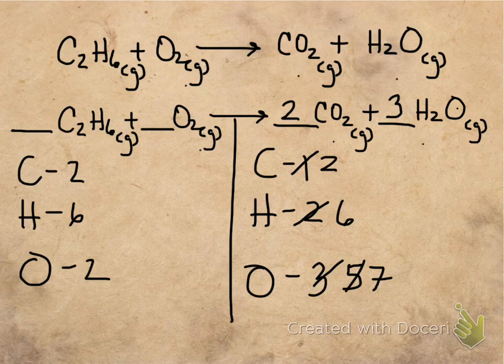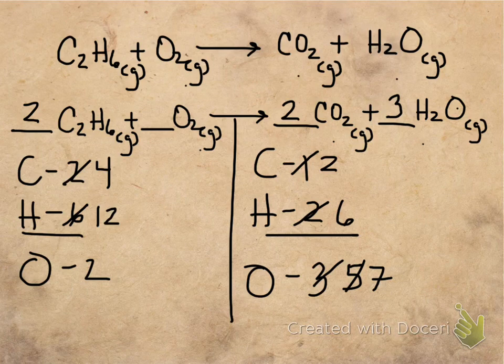So I know that I'm going to have to at least double my hydrogen. Why? Well, if I double this hydrogen, I get 4 carbon, 12 hydrogen, and I can get 12 hydrogen over here, and that gives me an even number of oxygens.